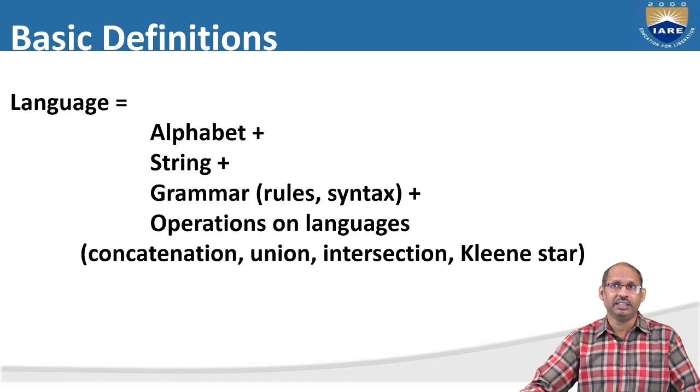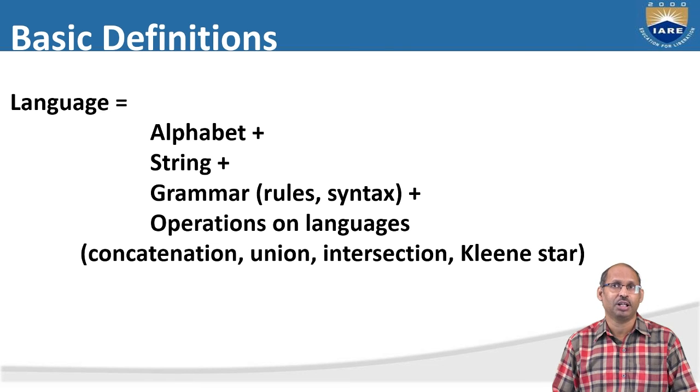In this class, we discussed the basic concepts of finite automata: strings, alphabets, operations on the strings, and operations on the languages. So I am closing this section with these basic concepts. We'll continue the remaining topics in the next class.